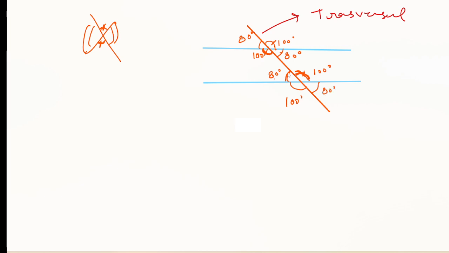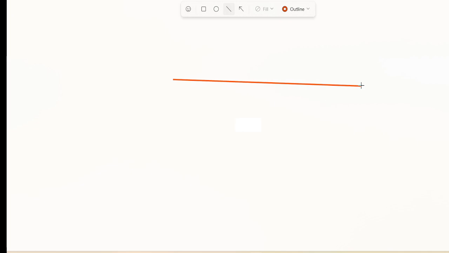Also supplementary and complementary angles. First let's talk about the linear pair. If there is a straight line, we know this whole angle is 180 degrees, right?